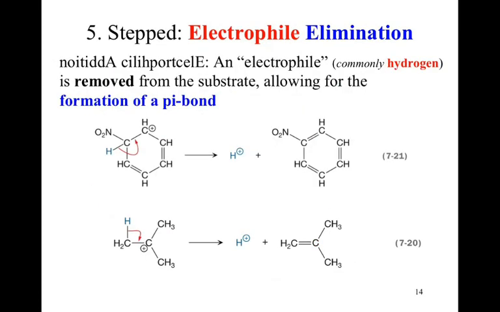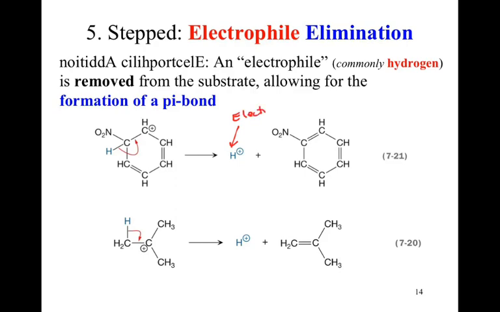In an electrophile elimination, this is the reverse of the electrophilic addition. In electrophile elimination, most commonly hydrogen, which is also a little bit weird, is removed from the substrate, allowing for the formation of a pi bond. So hydrogen, our electrophile, typically carries a positive charge.